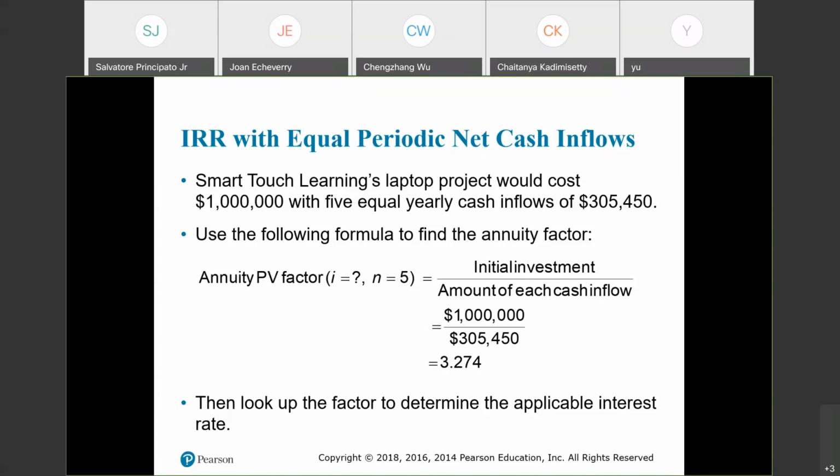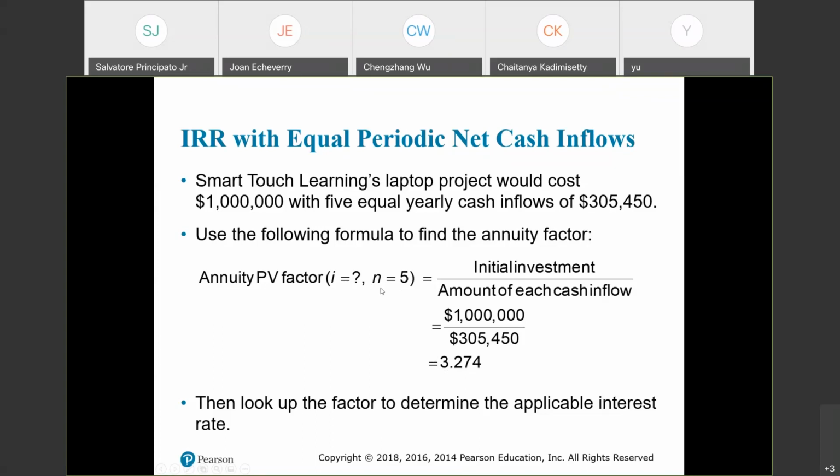So that is 3.274. We also know the number of periods, 5 periods. So the question is how much the interest rate is.